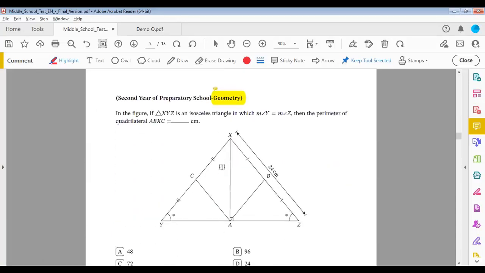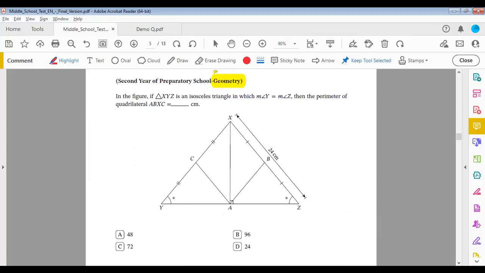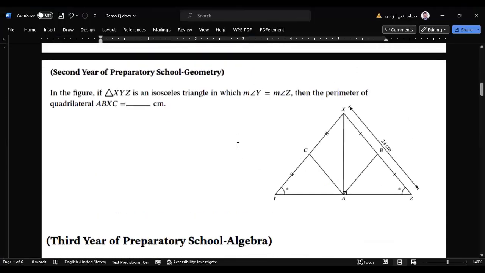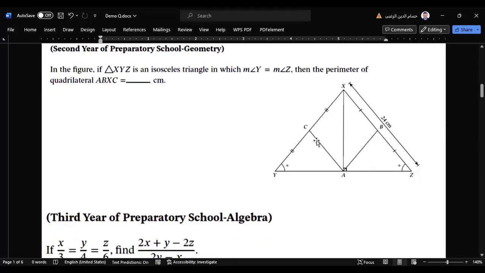And let's see the next one. The next question, he asked me about the perimeter of the quad ABXC, not the triangle, this quad. So the perimeter equals the sum of the lengths of all sides.